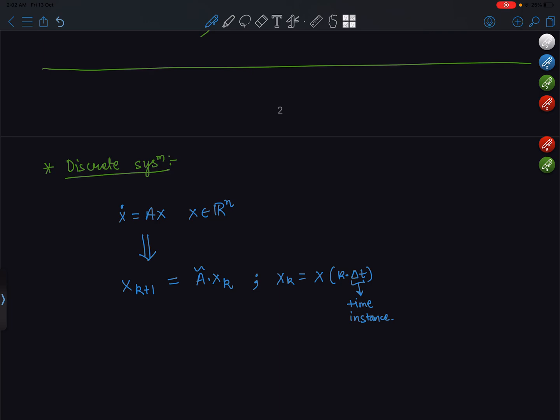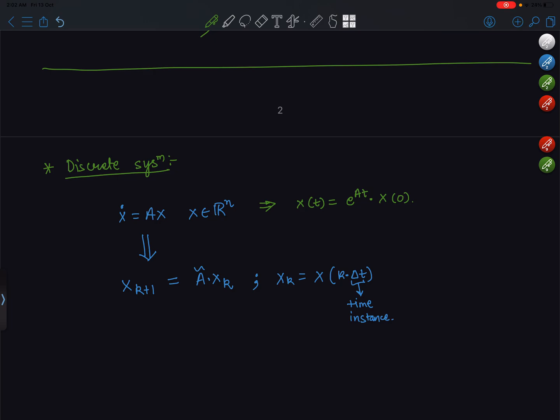Okay, so first, we just want to look at the relationship between x(k+1), A tilde and A. As we know, for the continuous system, the solution can be written as e to the power At times x naught.